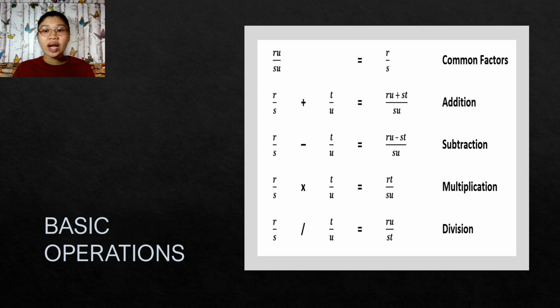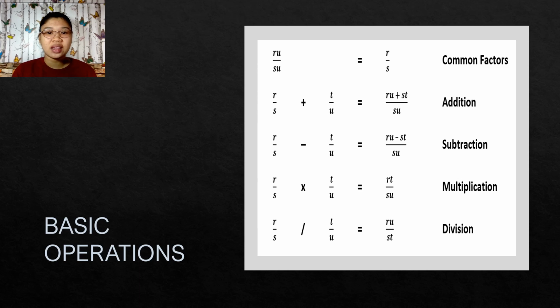Please take note that R, S, T, and U are polynomial expressions. In understanding these basic operations, kindly note that this includes the special case that the polynomials are constants and the rational expressions are fractions.